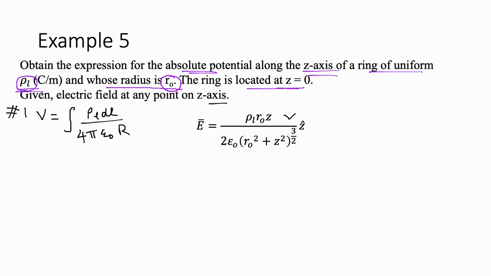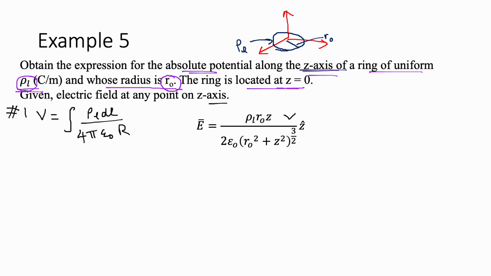So if we illustrate the structure, this is our x, y and z axis. There is a ring of uniform line charge lying on the xy plane. The radius is given as R0, it has a line charge of rho L, and we need to find the absolute potential along the z-axis.